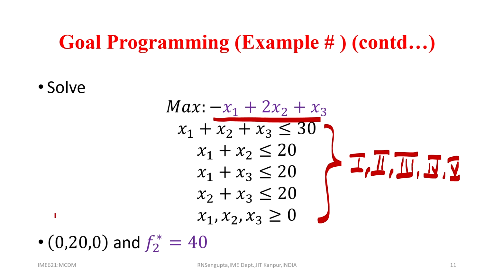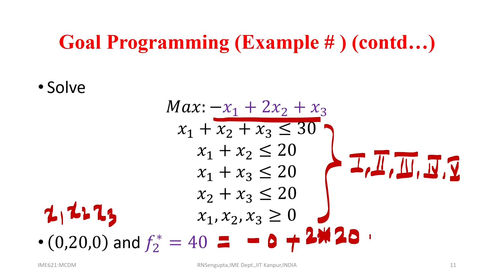When we solve it, x 1 which was 20 is now 0, x 2 which was 0 is now 20, and x 3 is 0. So, the objective function is minus 0 plus 2 into 20 plus 0, which is 40, as shown here in the violet color. The second problem is also solved as a single objective.